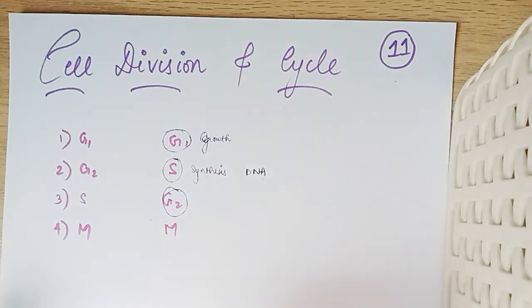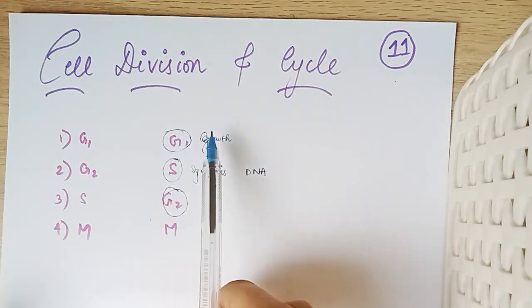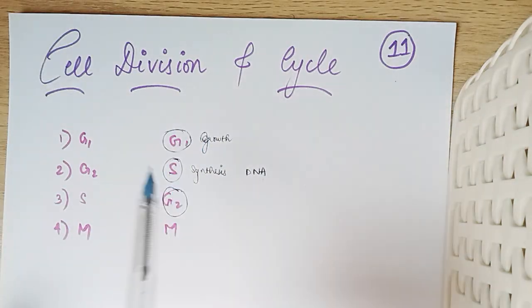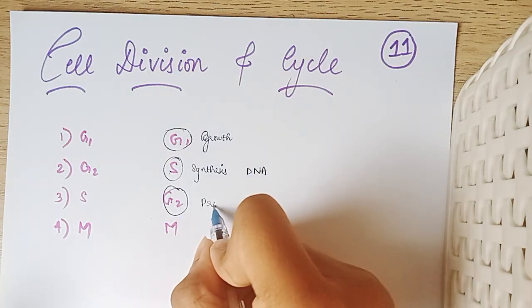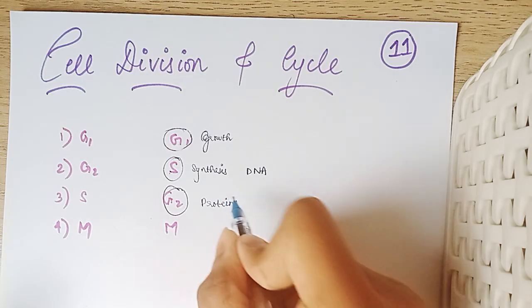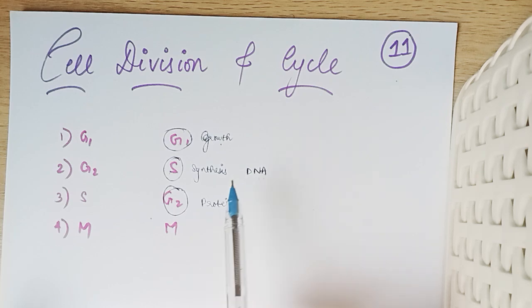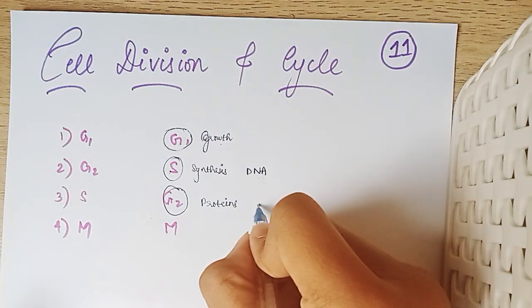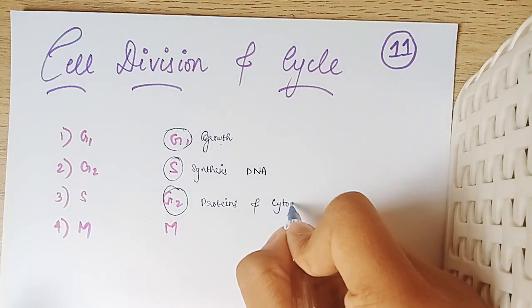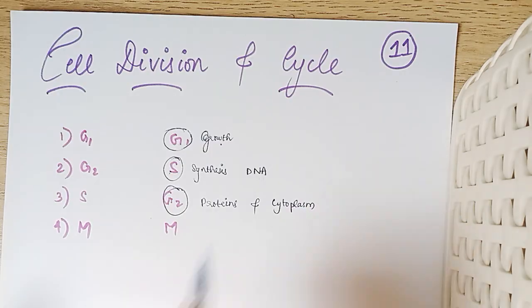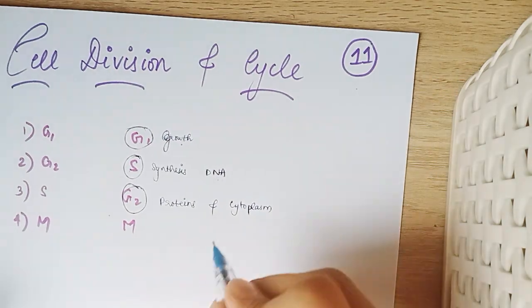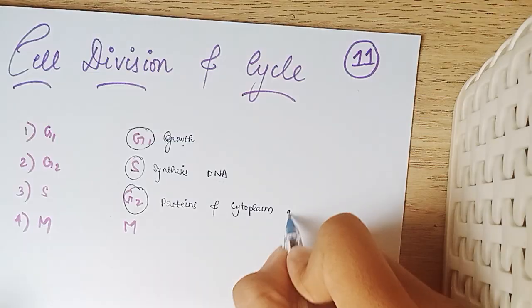In G2 phase, that is gap 2 phase. This is gap 1 phase, synthesis phase, and gap 2 phase. During gap 2 phase, proteins are synthesized. So here growth happens, here synthesis of DNA happens, here proteins are synthesized, as well as cytoplasm, that is the fluid matrix of the cell, begins to grow.